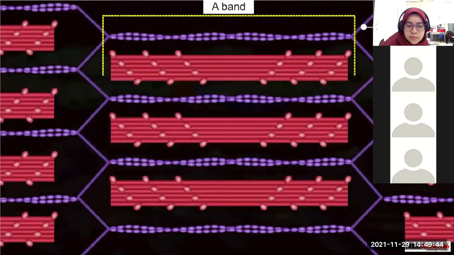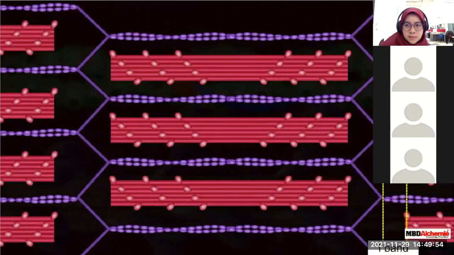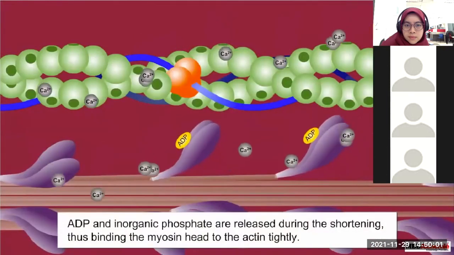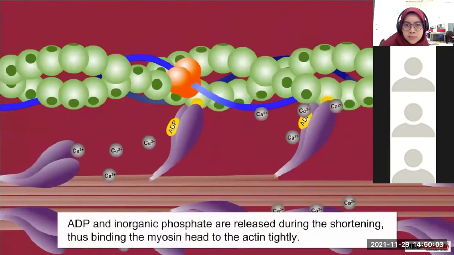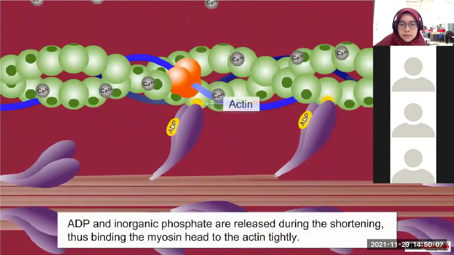This ultimately results in the shortening of the sarcomere, that is basically the contraction of the muscle. You can clearly see that there is a reduction of I band during contraction, while the A band remains of the same length. ADP and inorganic phosphate are released during the shortening, thus binding the myosin head to the actin tightly.